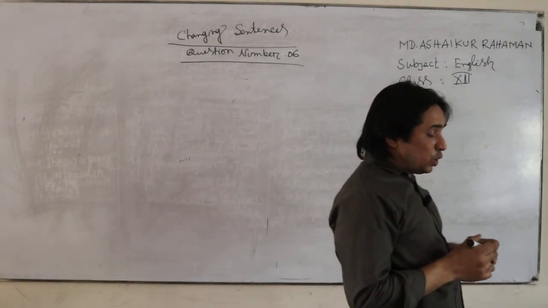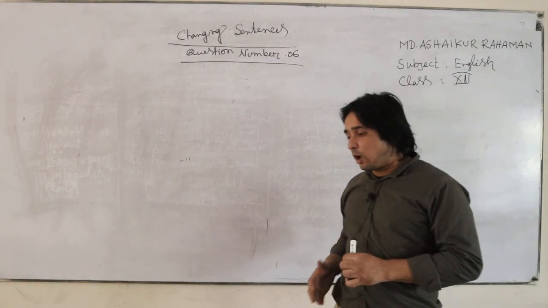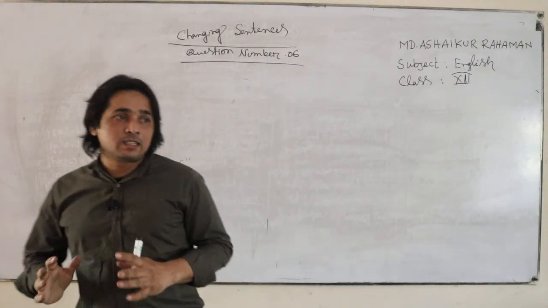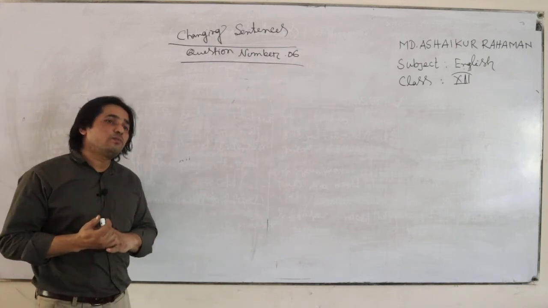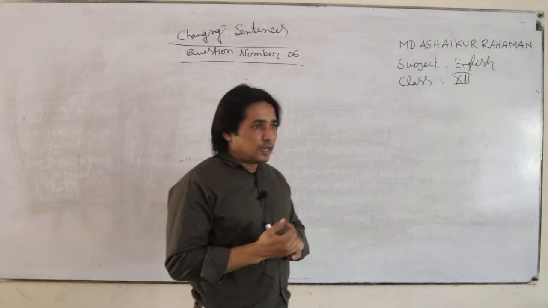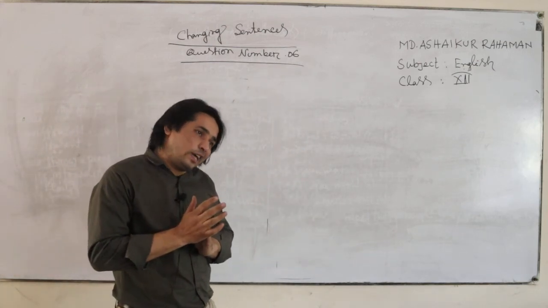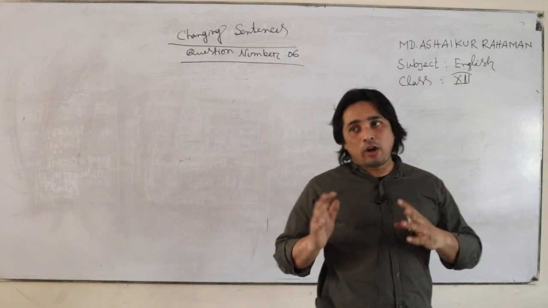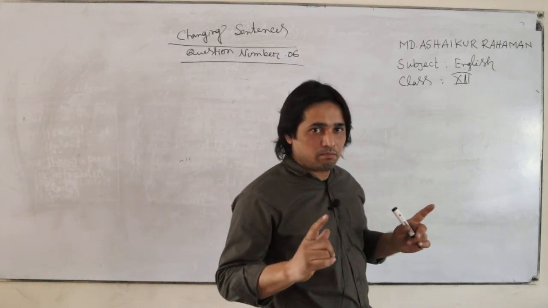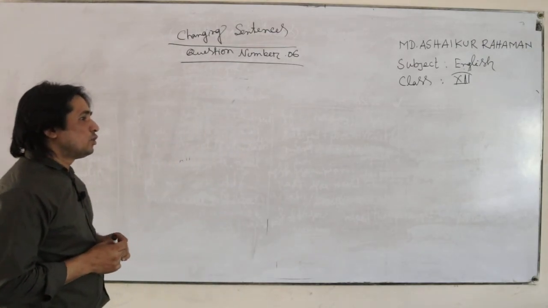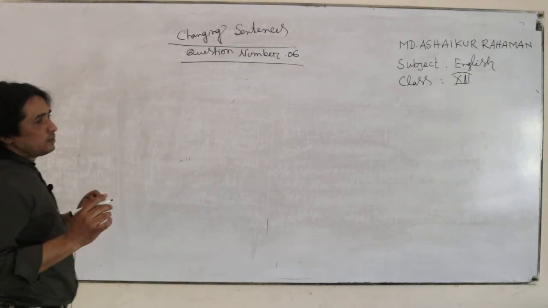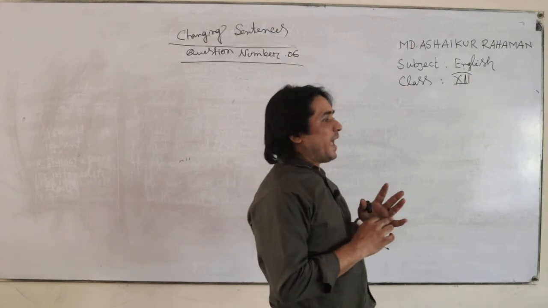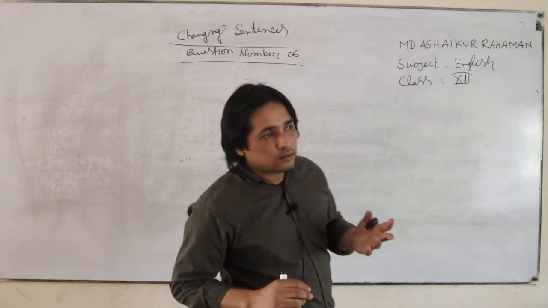So we will go through the rules of changing sentences related to voice. We will see how we can change sentences from active to passive. So let me start. First, how we can turn a sentence of active voice into a passive one.